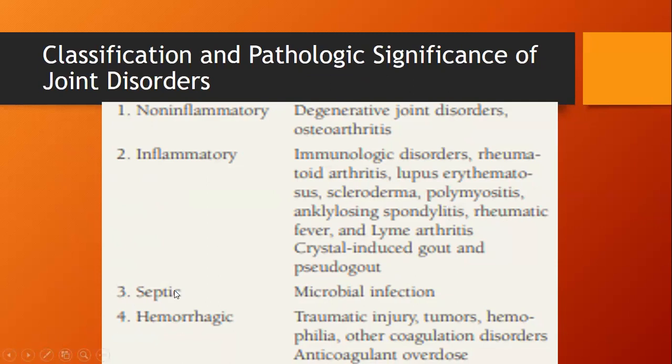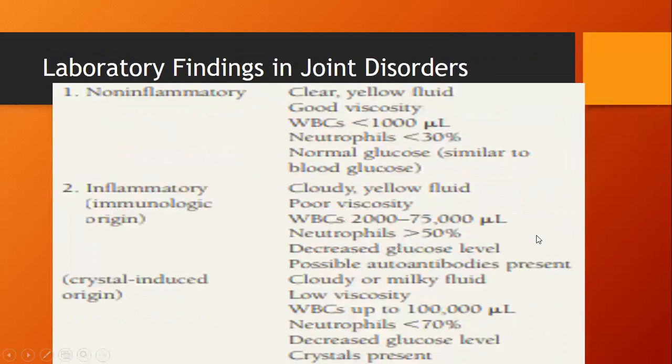Under septic category, we have a joint disorder caused by some microbial infections. Hemorrhagic means presence of increased red blood cells in your synovial fluid. It may be caused by traumatic injury, tumors, or hemophilia, a disorder wherein you have decreased clotting factors such as factor 8 and factor 9, and other coagulation disorders or anticoagulant overdose.